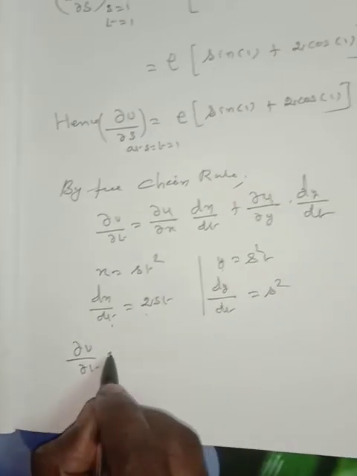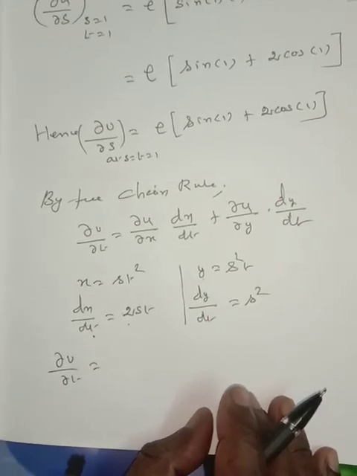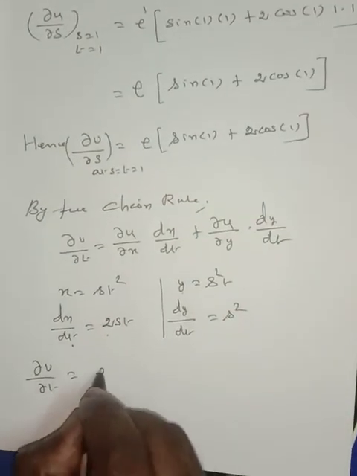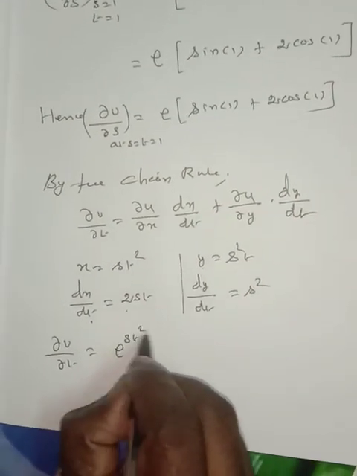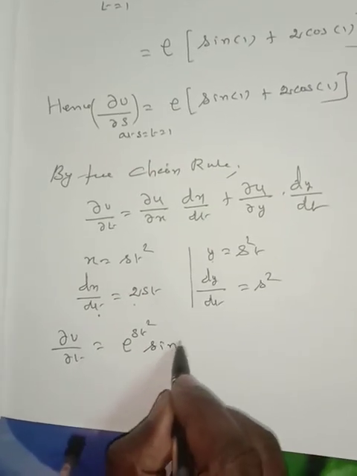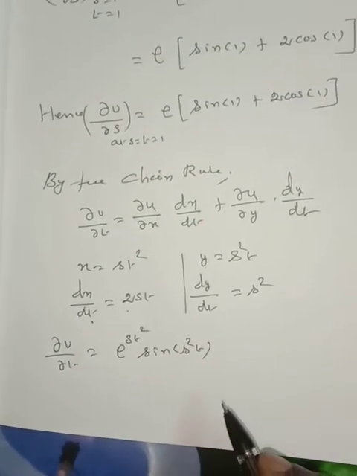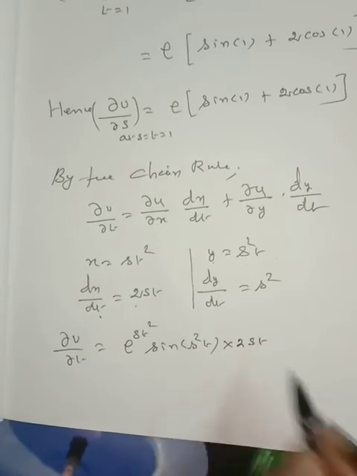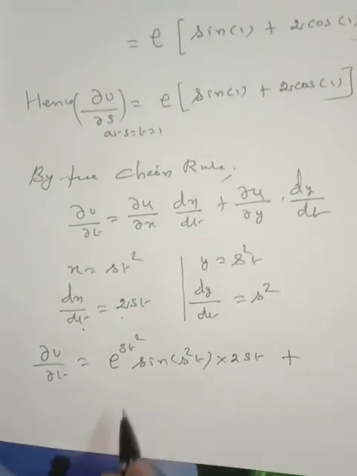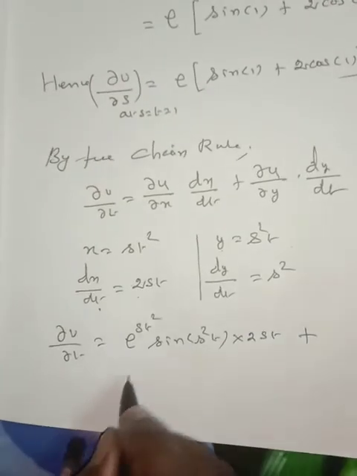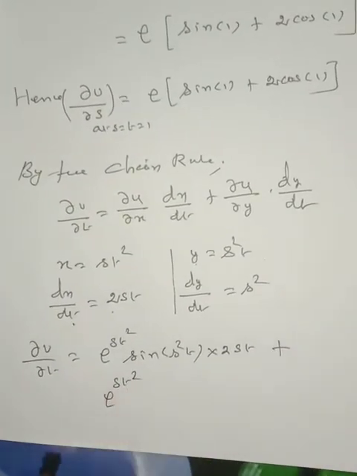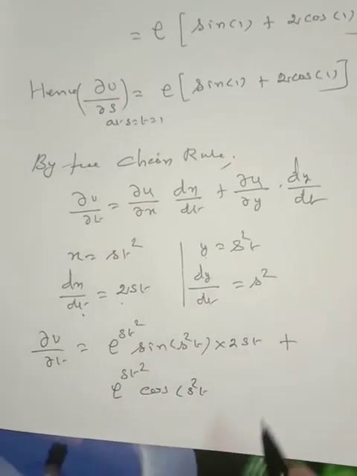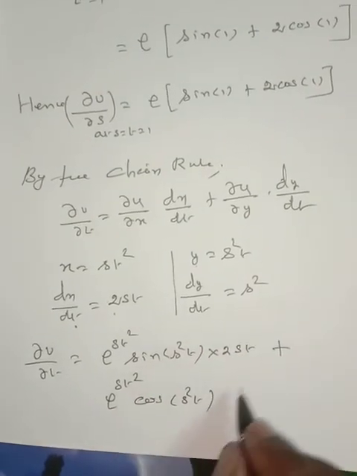Now dou u by dou t is equal to dou u by dou x, e to the power of s t square sin s square t, into 2st, plus e to the power of s t square cos of s square t into s square.